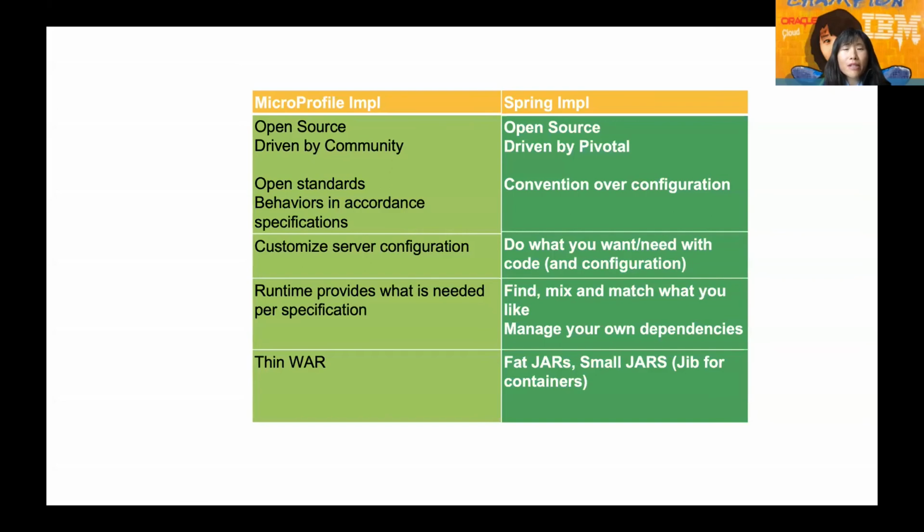You only need to say which API you want to use. With Spring, you should know what you are doing. You add all the dependencies you want to use, etc.